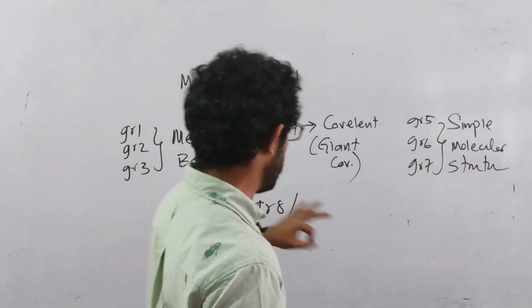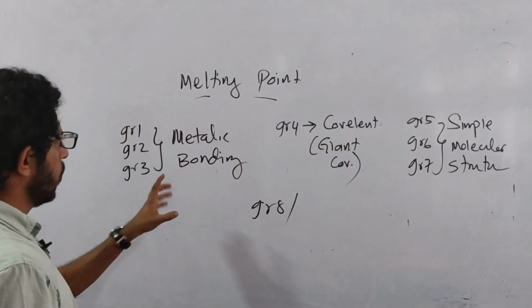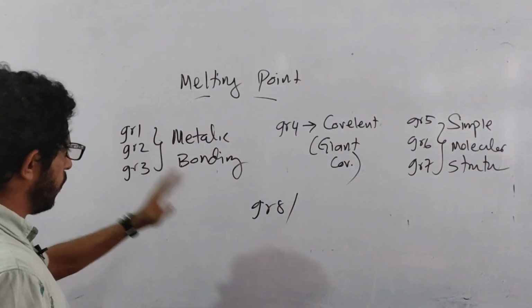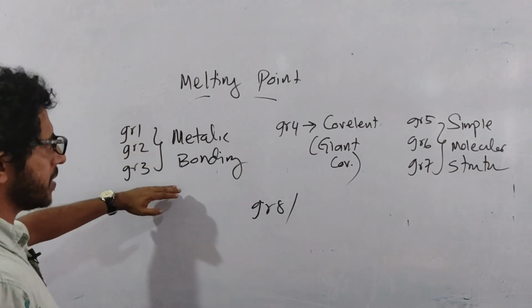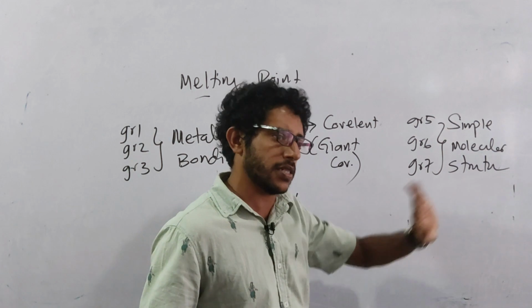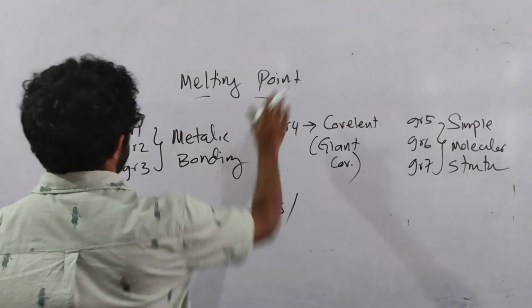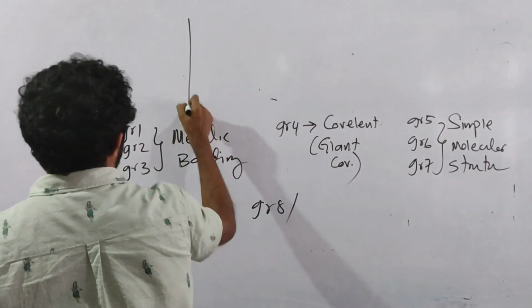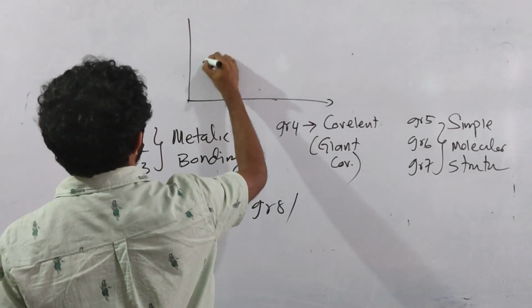So if you talk about group 1 up to group 8, groups 1, 2 and 3 show an increase, group 4 has the highest, groups 5, 6 and 7 decrease, and group 8 has the lowest. If you draw the graph, it would appear like this.